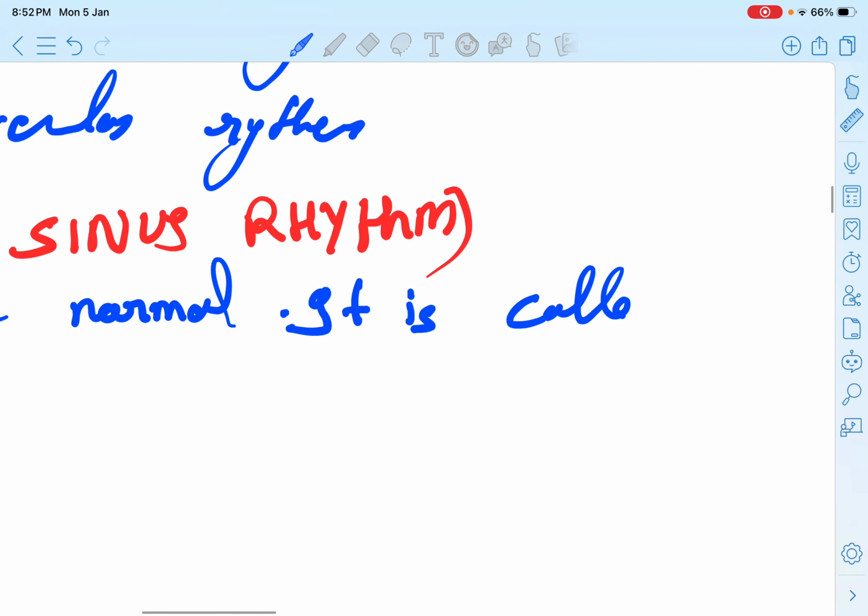Here we will repeat again. First, rate 60 to 100, rhythm regular. P wave present, PR normal, QRS narrow. If the QRS is narrow, then that is called the normal rhythm.